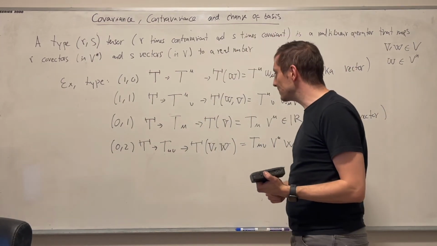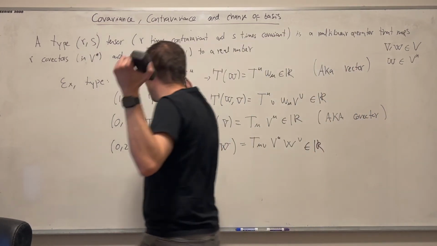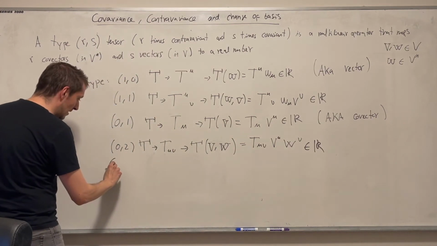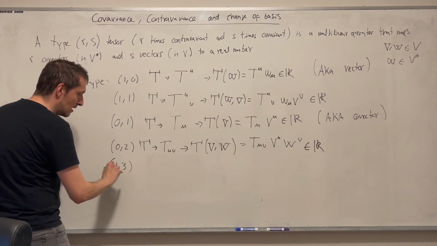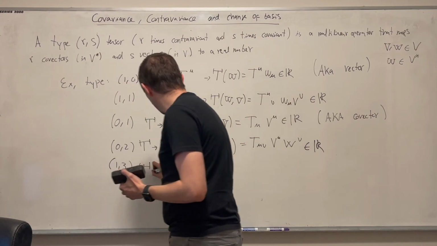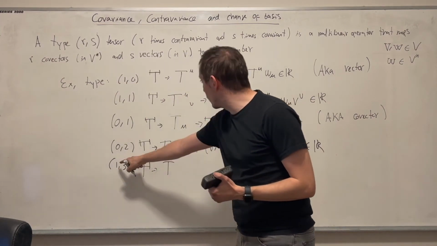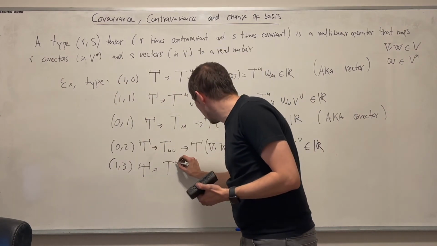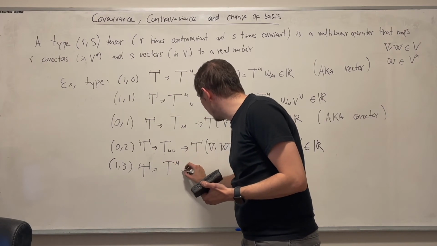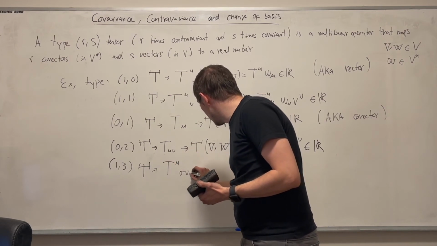Now, of course, you can have bigger monsters. You can have a (1,3) tensor. So what is that thing? It will have components, one time contravariant, so one index upstairs and three downstairs: T mu sigma nu rho.